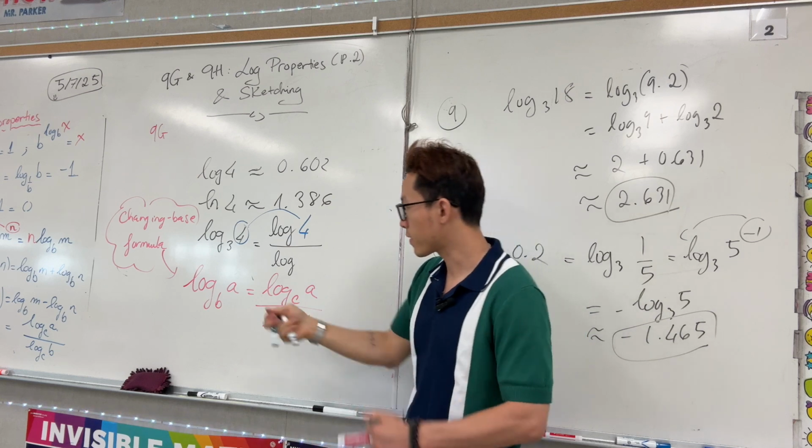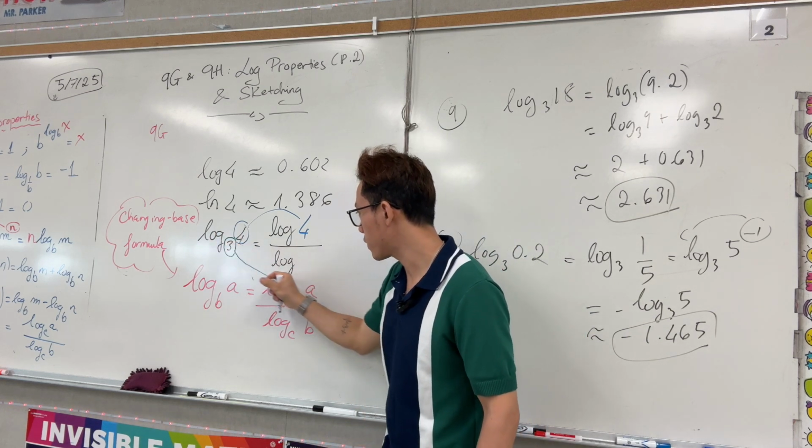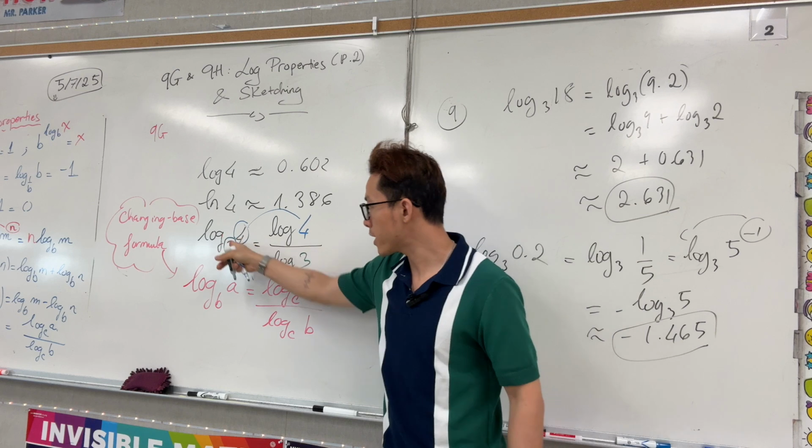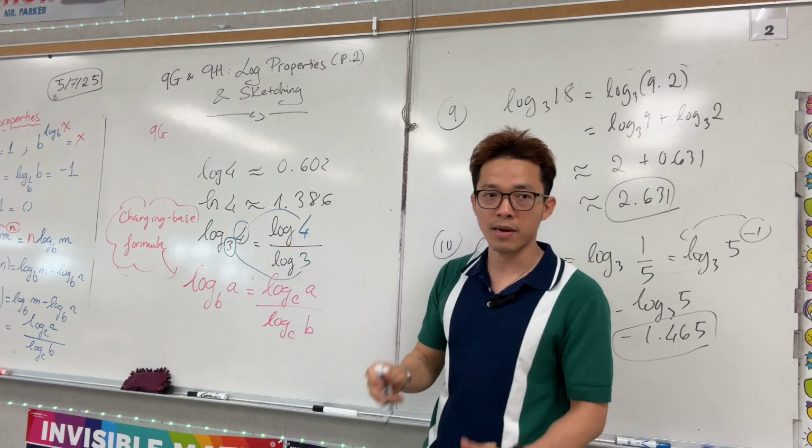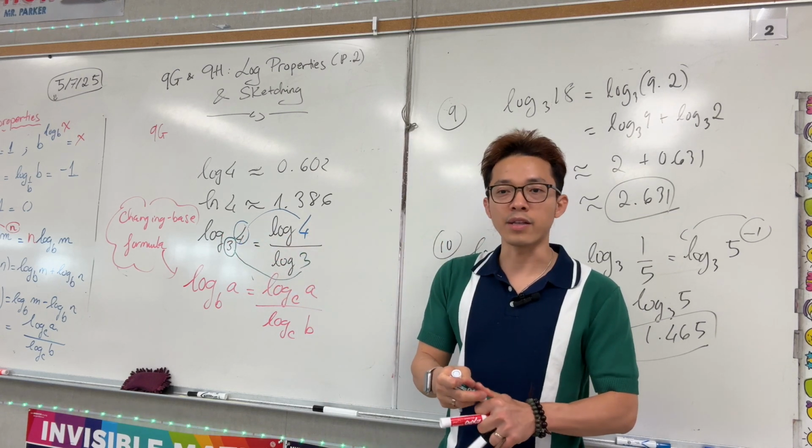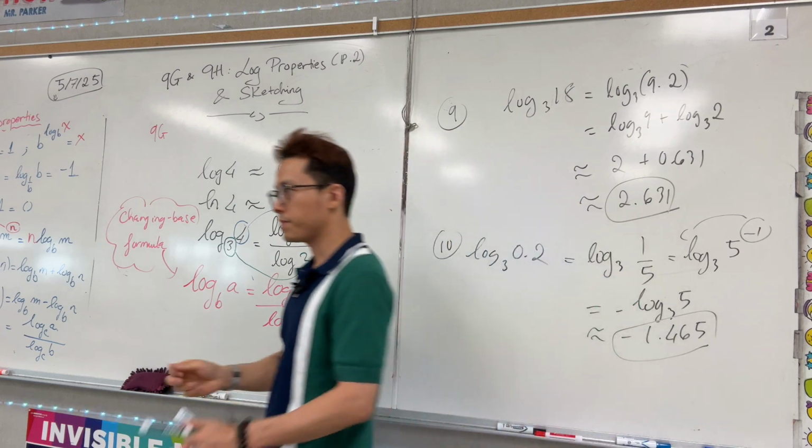It's corresponding, right? And then the lower one, the small one here, b, goes to the bottom. So log base 3 of 4 equals log 4 divided by log 3. Now you can use a calculator to give me the answer.